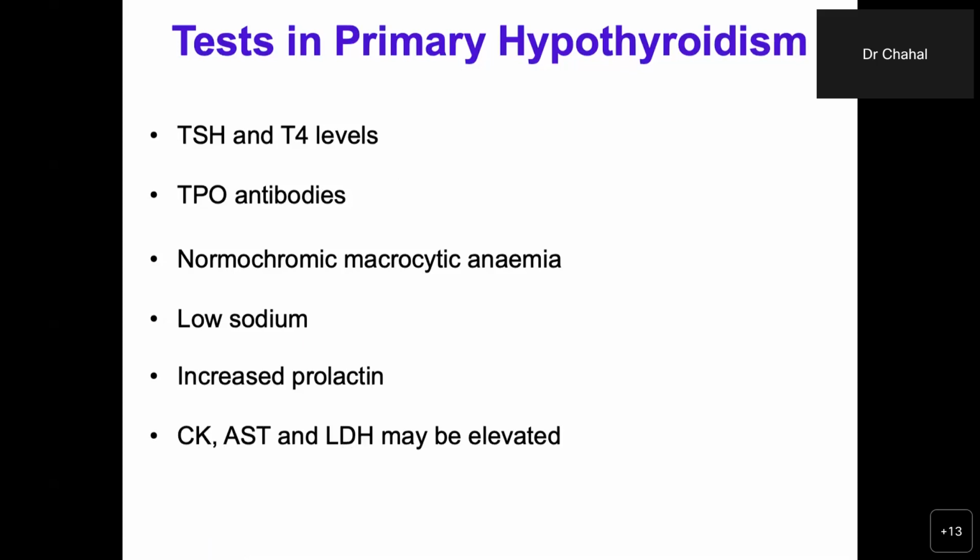But at the very least, I would be saying you should do a TSH level, try to do a T4 if you can, and thyroid antibodies. But always look for other autoimmune associated illnesses. So you may have patients who are diagnosed with primary hypothyroidism, who then are treated with levothyroxine, and they still don't feel well. They still feel tired, lethargic.